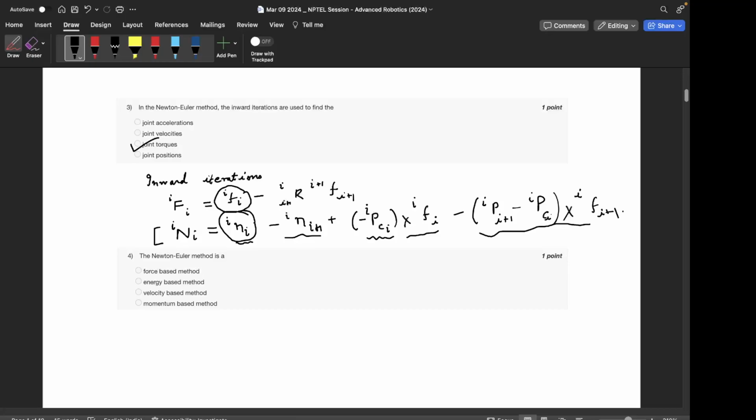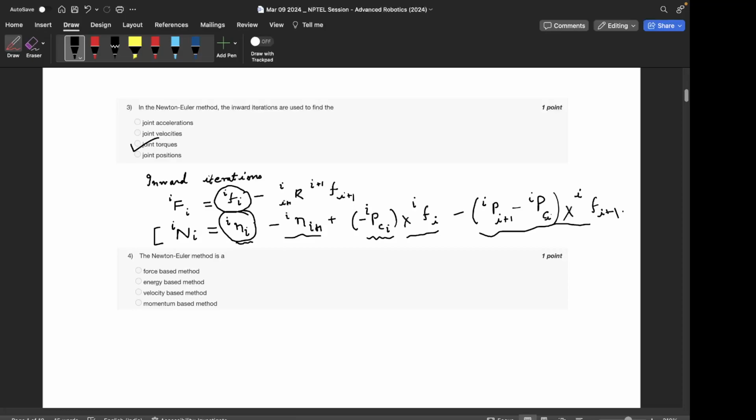This contradicts that, no, sir. Which one is correct, sir? Here the link i minus 1 is creating force fi, I mean fi minus 1 is creating fi force, but over there fi plus 1 is creating fi, no, sir.